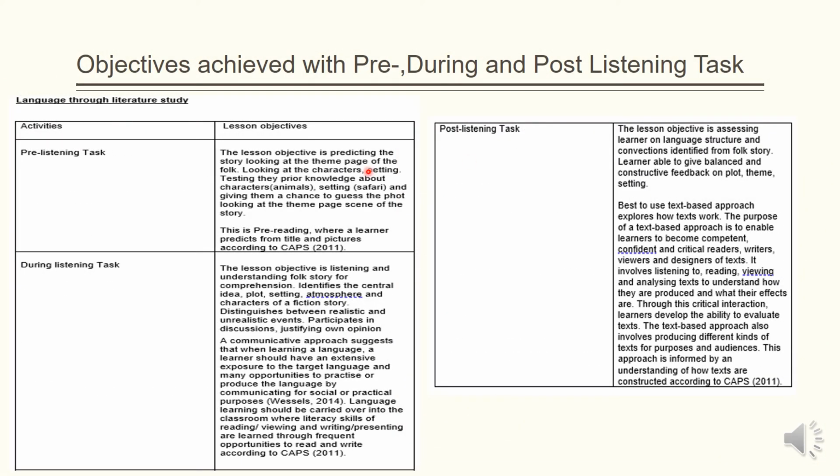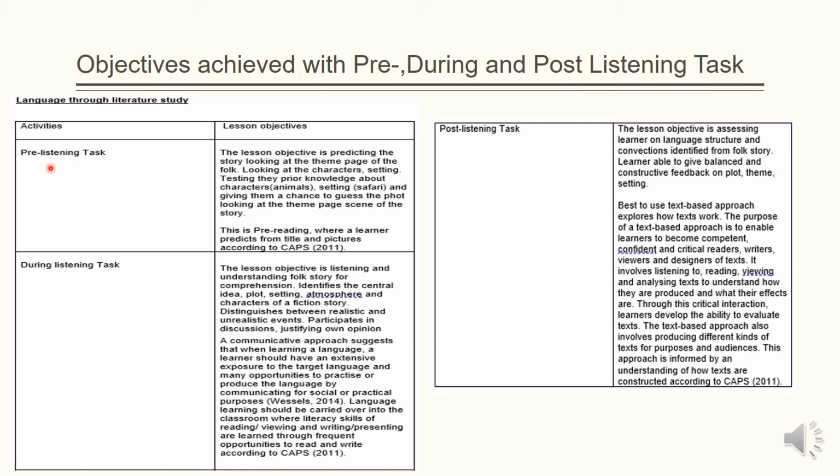All right. On the last question, they asked how each task supported or achieved the objectives with the pre-, during, and post-listening.